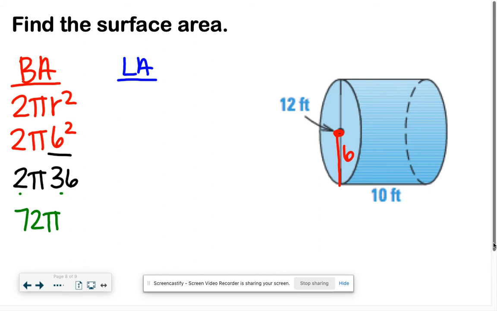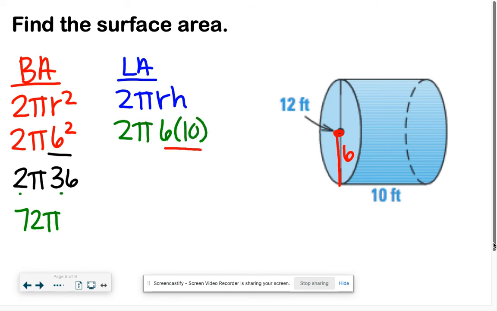Lateral area, 2 pi RH. 2 pi, our radius is 6, our height is 10. Simplify here. 6 times 10 is 60. 2 times 60 is 120.